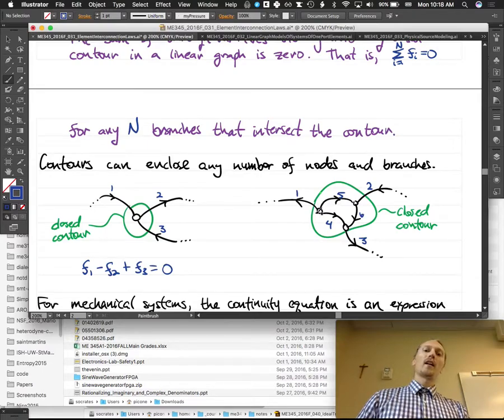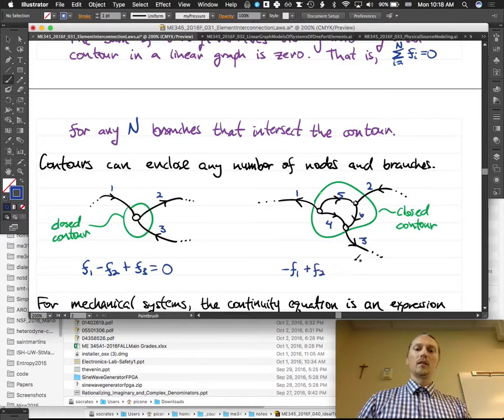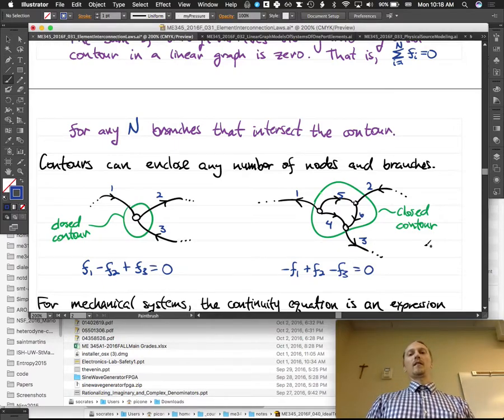It's just going to say, okay, if we sum up all of the through variables that cut through this contour, into it being positive, out of it being negative, that should equal 0 as well. So it's going to be negative F1 plus F2, minus F3 equals 0. Great.